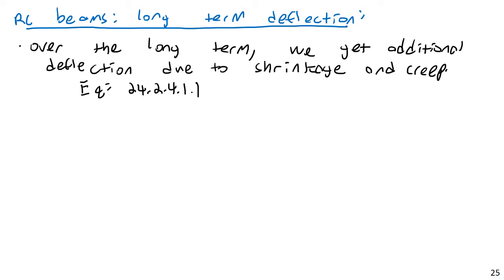It says here, unless obtained from a more comprehensive analysis, additional time-dependent deflection resulting from creep and shrinkage of flexural members shall be calculated as the product of the immediate deflection caused by sustained load and the factor lambda delta. So lambda delta is a factor that we're going to multiply the initial deflection by.